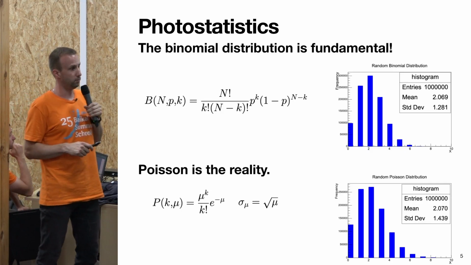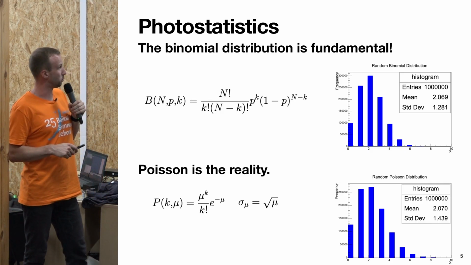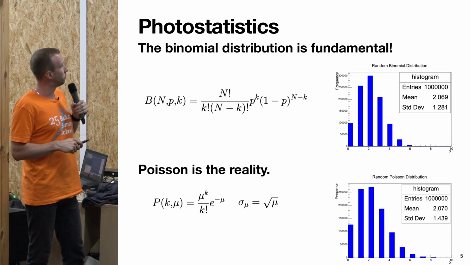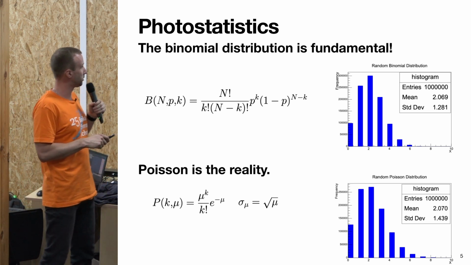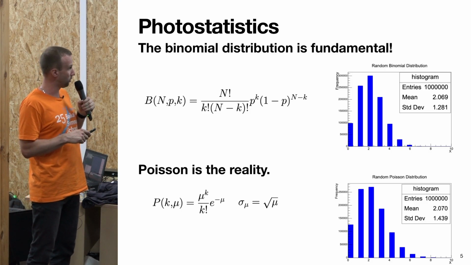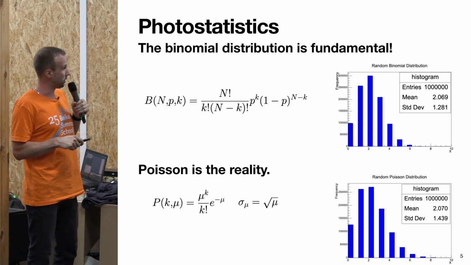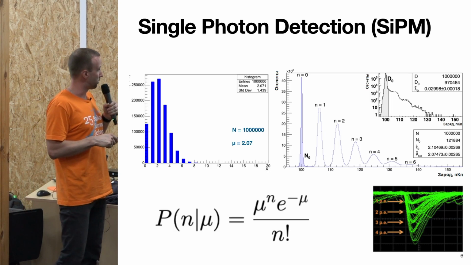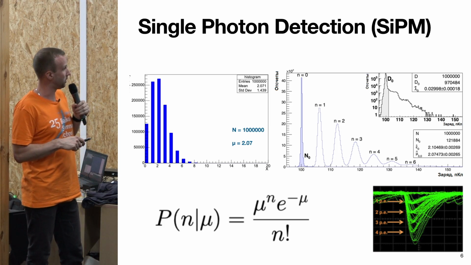A little bit about the photo statistics which we're using in our calibration technique. There is a fundamental distribution which is called binomial distribution. But when we're talking about the photodetector calibration, Poisson becomes a reality in that case.